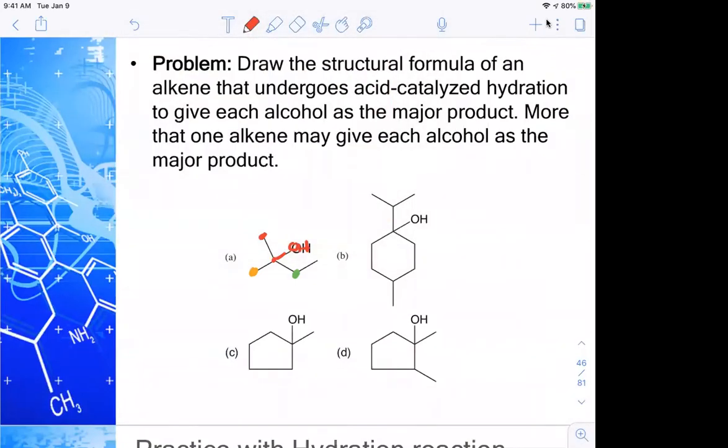So if I get rid of this sequence, right, and I'm going backwards, I'm going to get the double bond, and then I have that, right, I'm making the double bond in between these two carbons here.